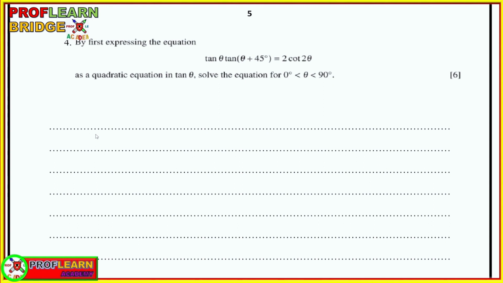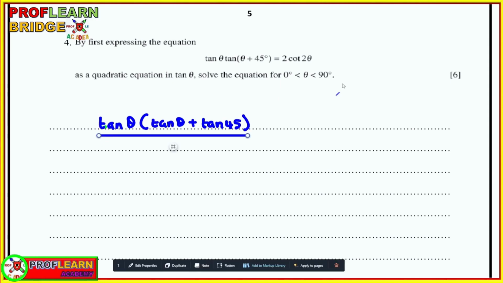So we are going to expand this in the sense that tan of theta plus 45 is going to be expressed as follows: tan theta plus tan 45 over 1 minus tan theta tan 45.